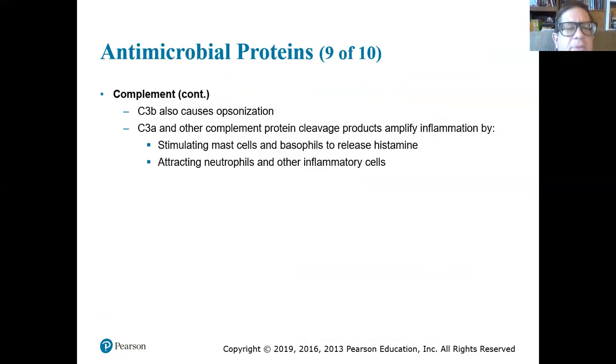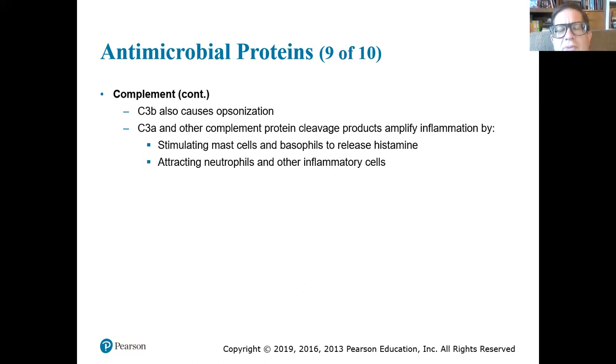All right, so C3b will also do opsonization. Remember, that means to make it tasty. That means it makes the phagocytes more likely to eat the thing. It will cause other complement proteins to amplify the inflammation. The mast cells and basophils are going to release histamine.